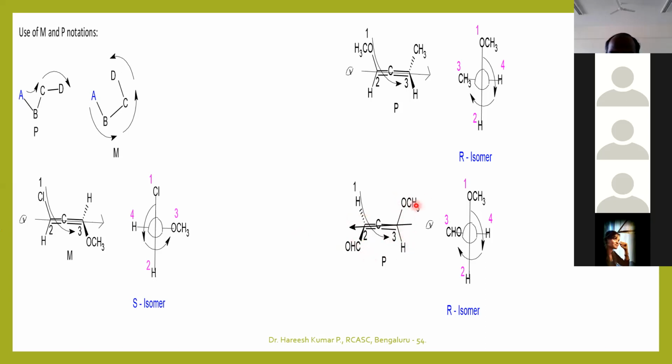Of course, these two are vertical ones and these two are horizontal ones. For the vertical ones you can write OCH3 and this will be the H. And for the horizontal ones, when you are viewing from here, CHO is coming on the left hand side. That is the reason CHO is on the left hand side.